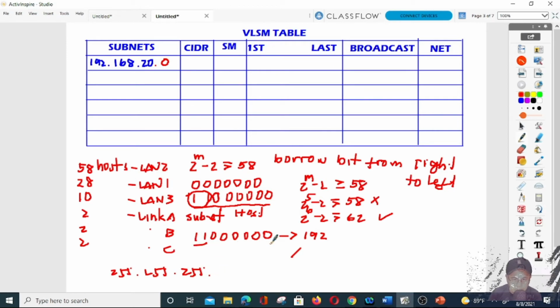The new value of the subnet now for our VLSM is 192. If we count the number of ones, this is 8 ones, this is 8 ones, this is 8 ones, 24 plus 2, this is equal to 26. So the CIDR notation of this is /26.